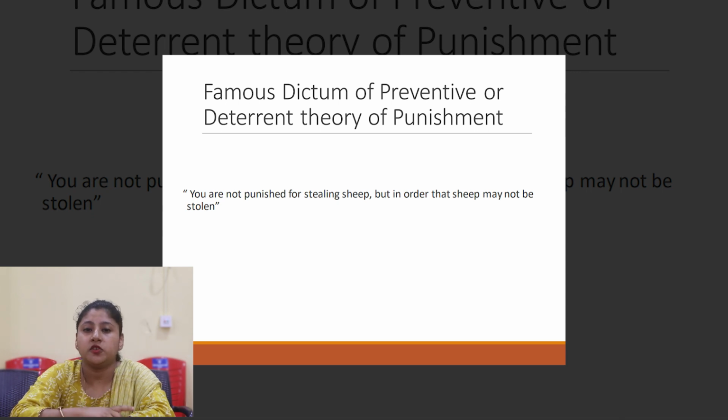A criminal is not only punished for stealing the sheep, but he is punished so that in future no more sheep may be stolen in the society. So preventive theory does not regard the criminal as an end but as a means, so that no more such offenses are committed in the future.